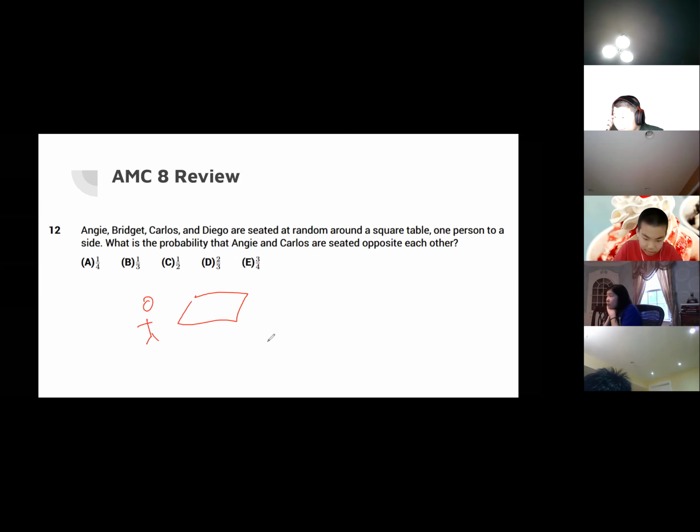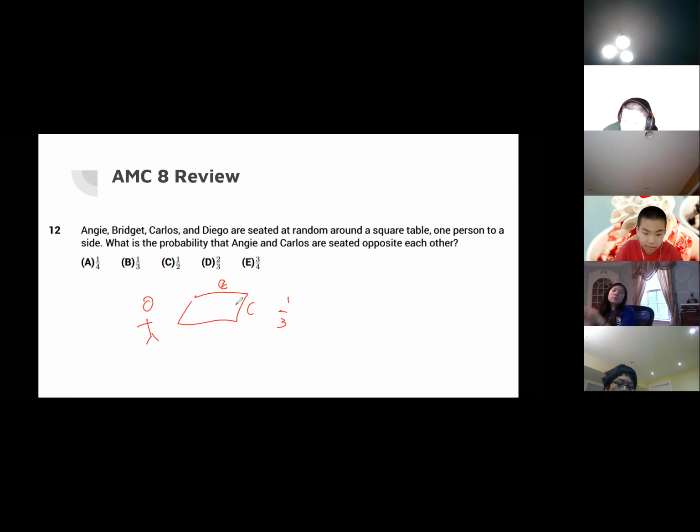All of these cases are symmetrical. They have the same options. So if C is here, then you can have either BD or DB. If C is here, you can either have BD or DB, and so on. So you can see that each of these has the same possibility. So it's just 1 out of 3.